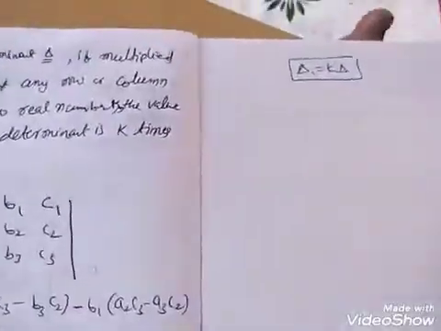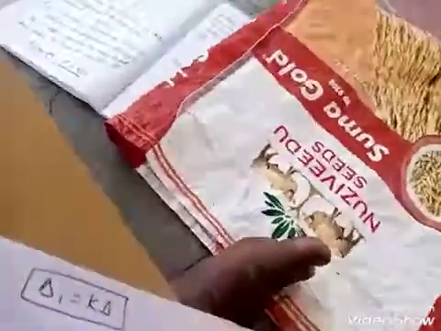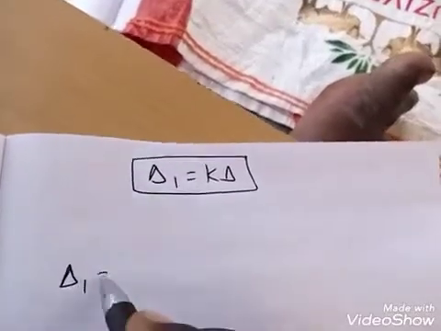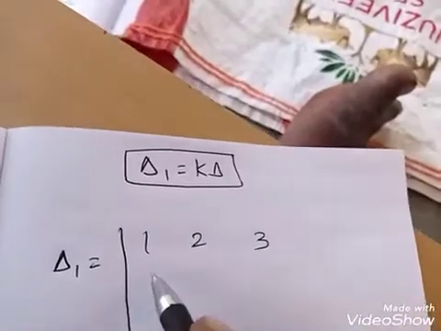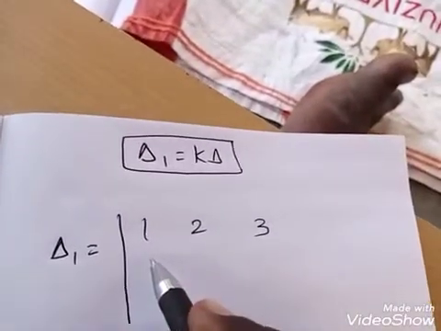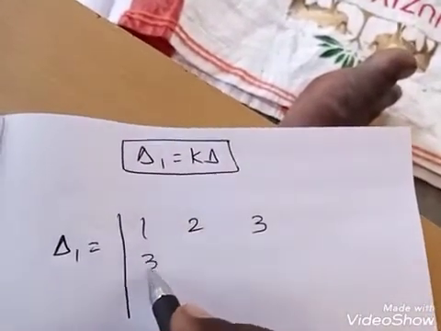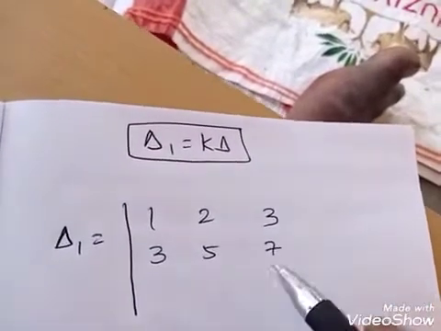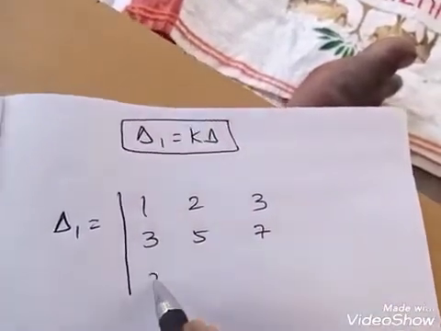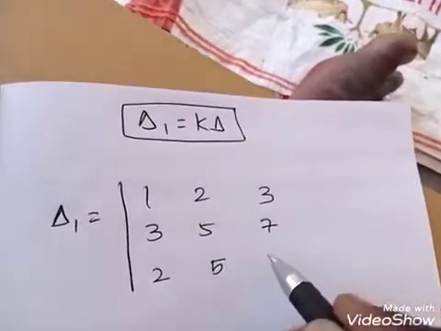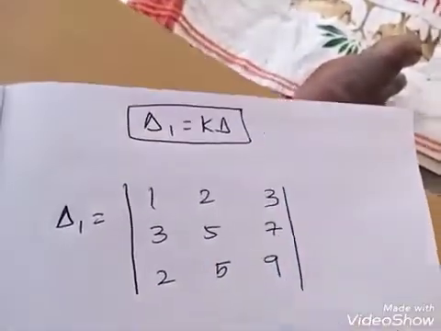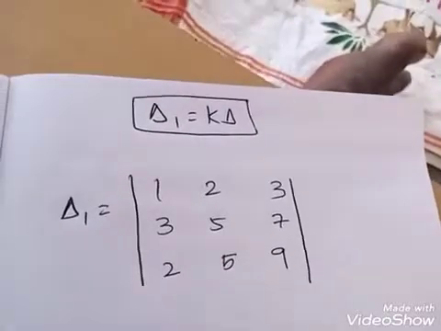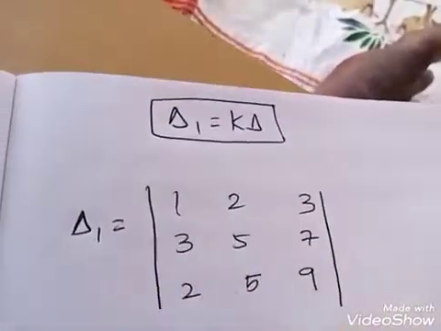Now we'll take one example. Delta is equal to the determinant with rows 1, 2, 3; 3, 5, 7; and 2, 5, 9. Let's calculate this determinant, and call it delta 1.